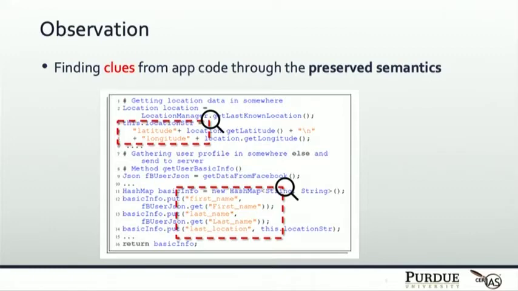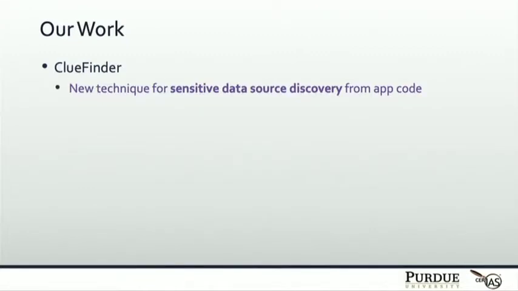This provides us the opportunity to discover sensitive data from mobile apps rather than analyzing real network traffic. Based on this observation, we first developed ClueFinder, a novel technique that mines the decompiled app code to recover semantic clues for identifying sensitive information.